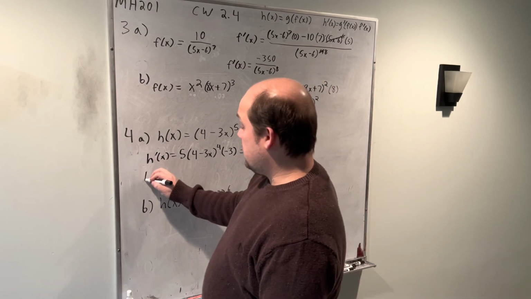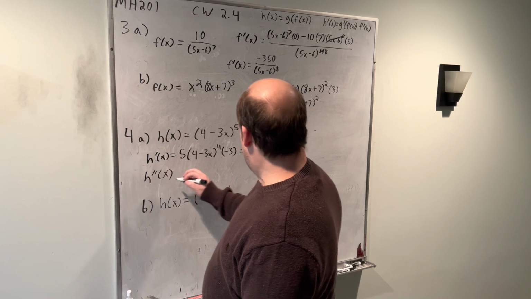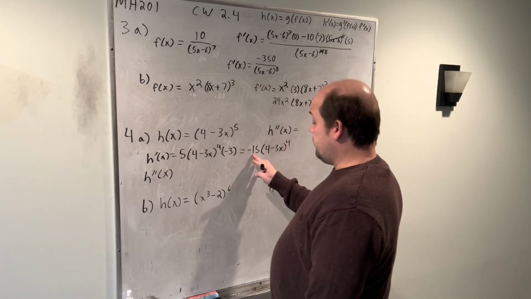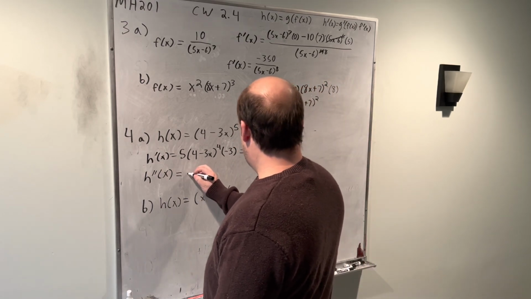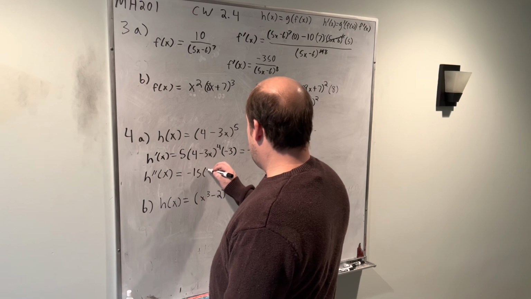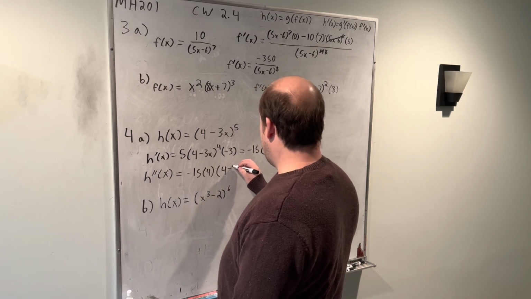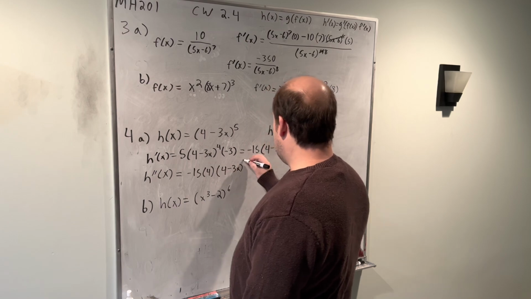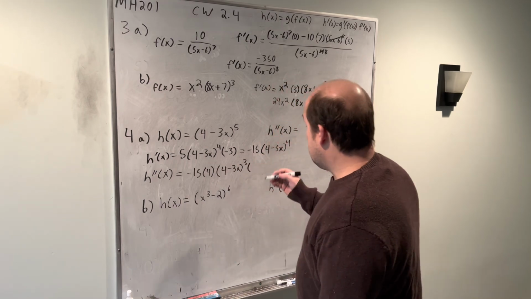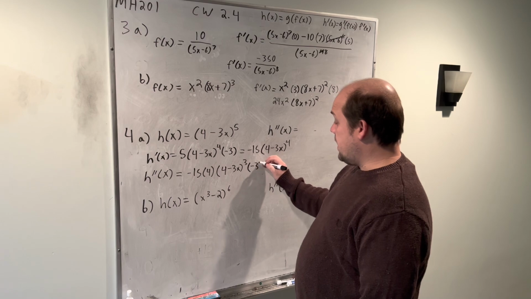When I take the second derivative, the 4 comes down, gets multiplied by the negative 15. Then I have the unchanged inside, 4 minus 3x, now to the power of 3, times the derivative of the inside, which is negative 3 again.